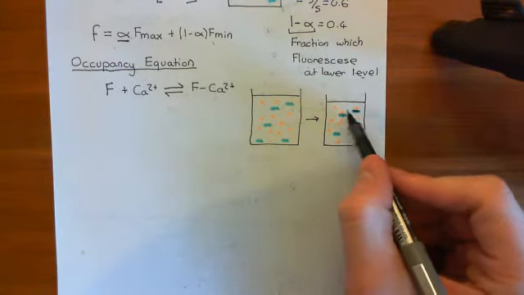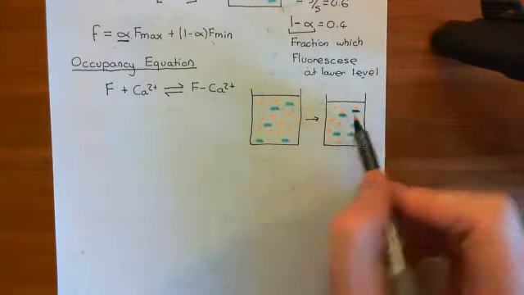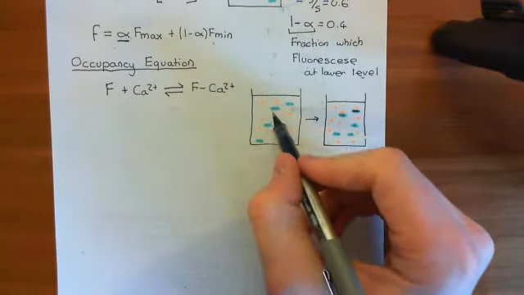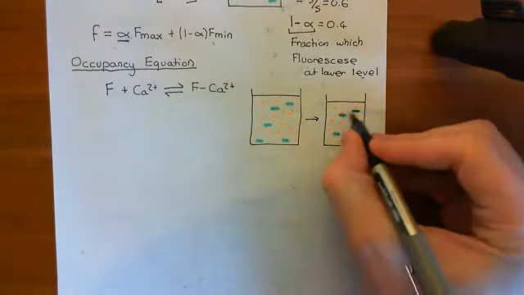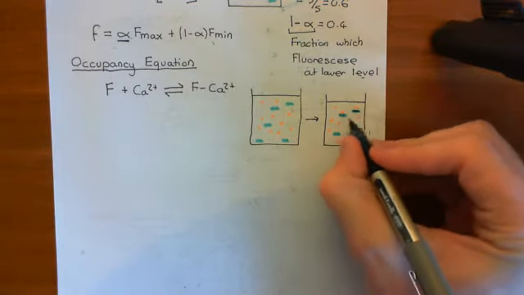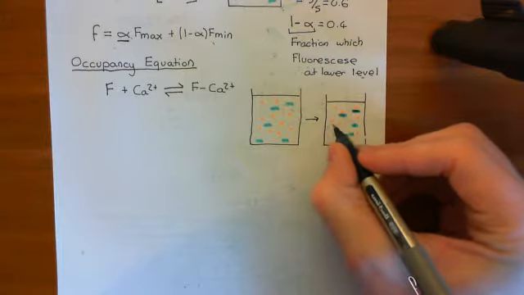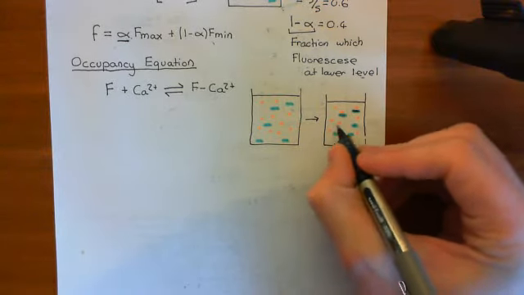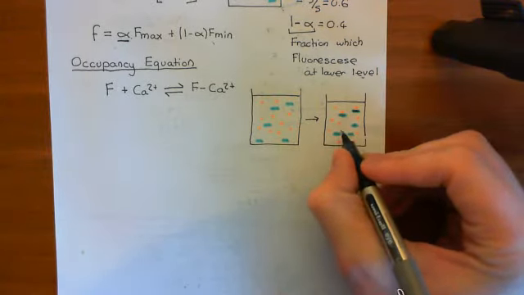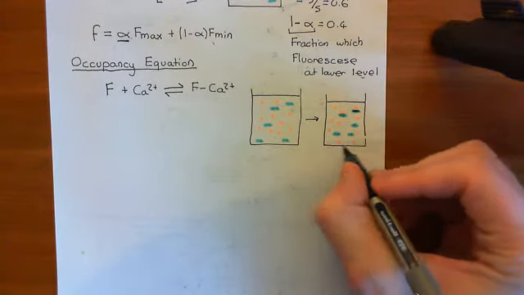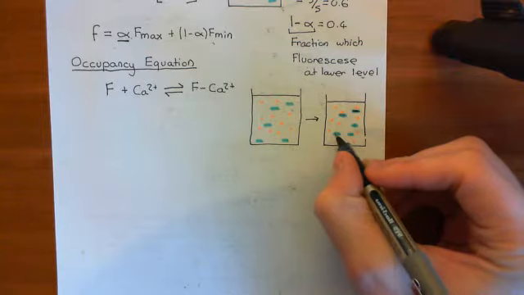Fluo-4 with calcium bound, these complexes here, can break apart back into calcium and Fluo-4. As soon as you have some Fluo-4 calcium complexes, you'll start to get the reverse reaction occurring as well. So these will start to fall apart. So you've also still got some calcium ions free and some Fluo-4 molecules free.